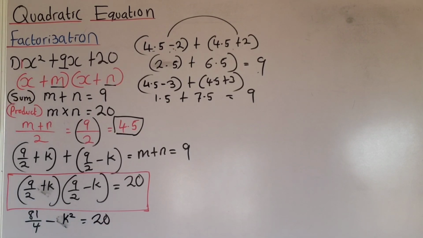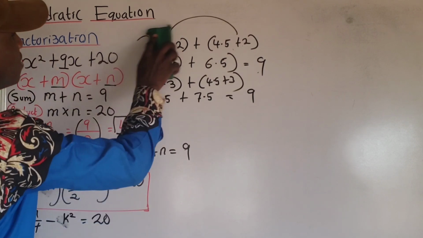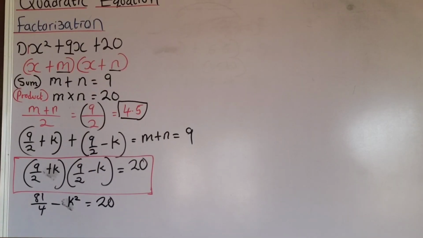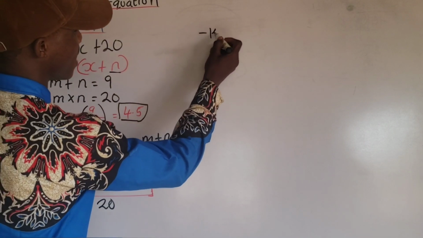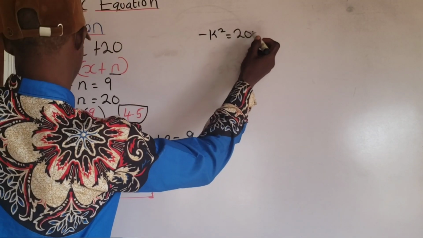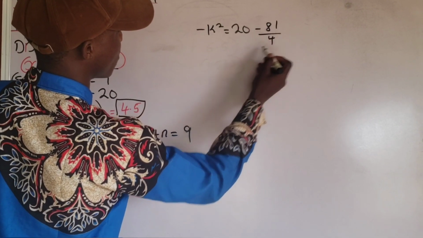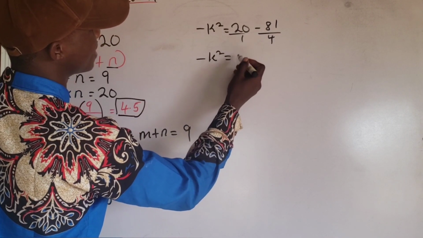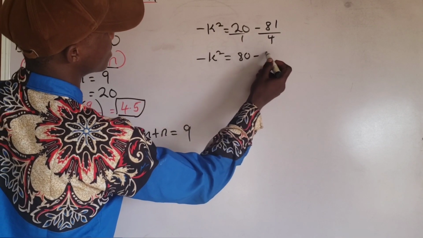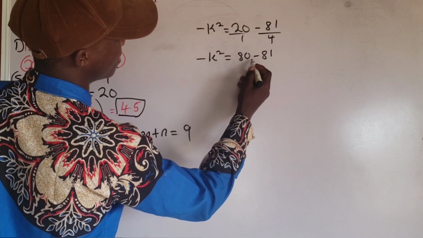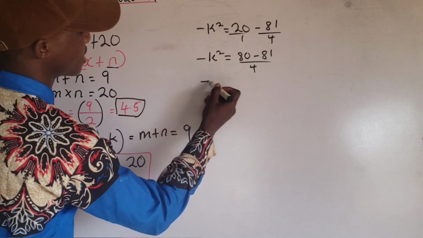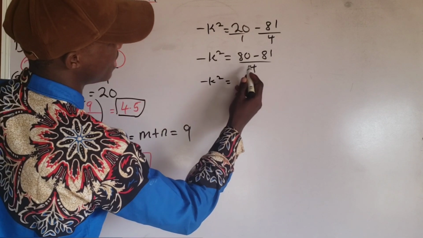Now we can determine the value of k. Here I'm going to have minus k squared is equal to 20 minus 81 all over 4. Now take the LCM. Minus k squared is equal to 80 minus 81, all over 4.